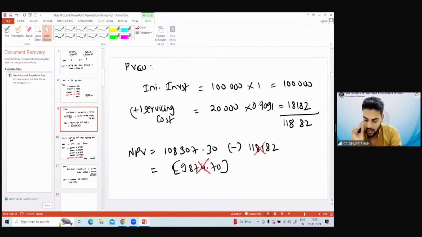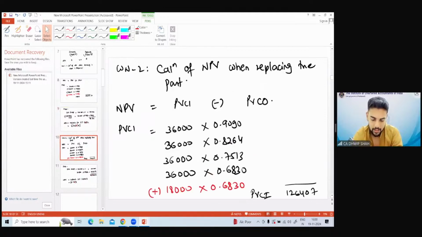Servicing was negative initially, but when the supplier gave a discount of 10,000, it came to positive. Although it was positive, even with the discount, it is still less than the NPV of replacing the part.